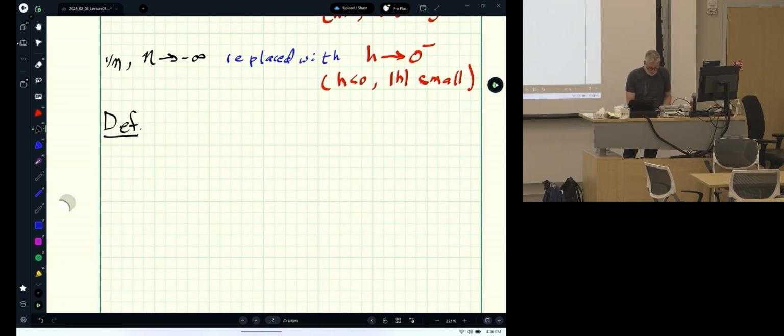So, definition, and these are one-sided limits at a point.